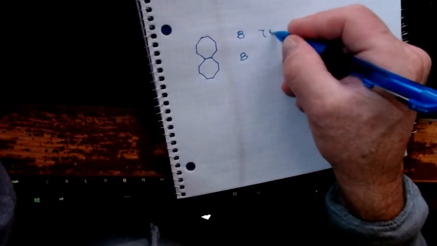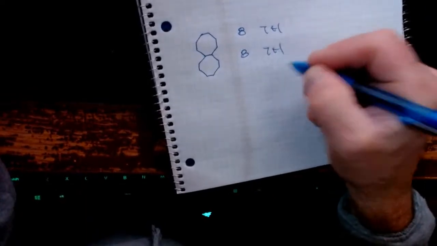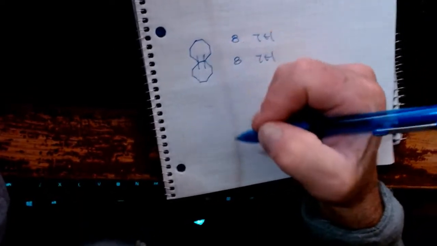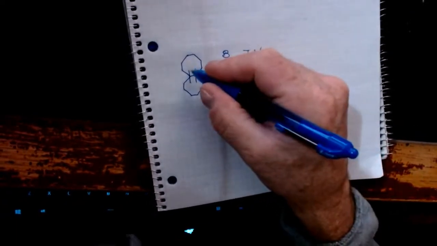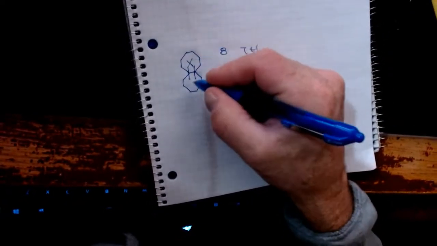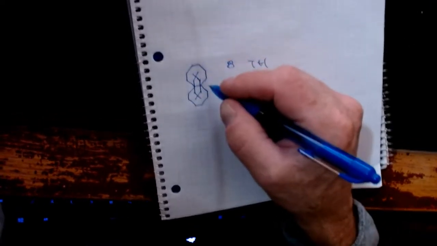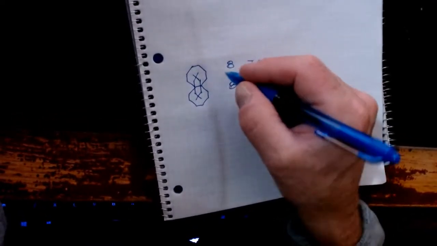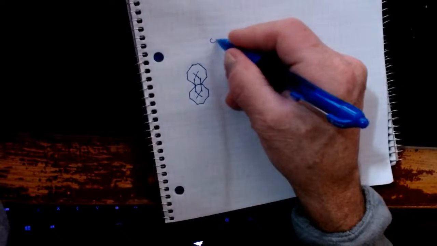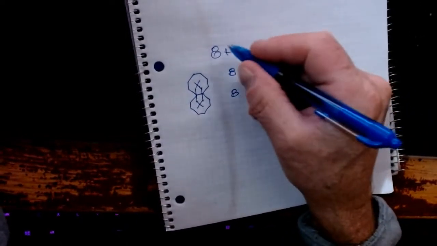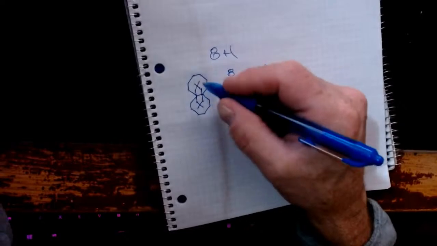I have 7 and 1 and 7 and 1. And my gateway pass is right over here. My gateway pass comes right through here. The area space that is occupied on the outside, okay, is going to be 8. With the interior space, which is not captured, is going to be over here, the 1 area space.